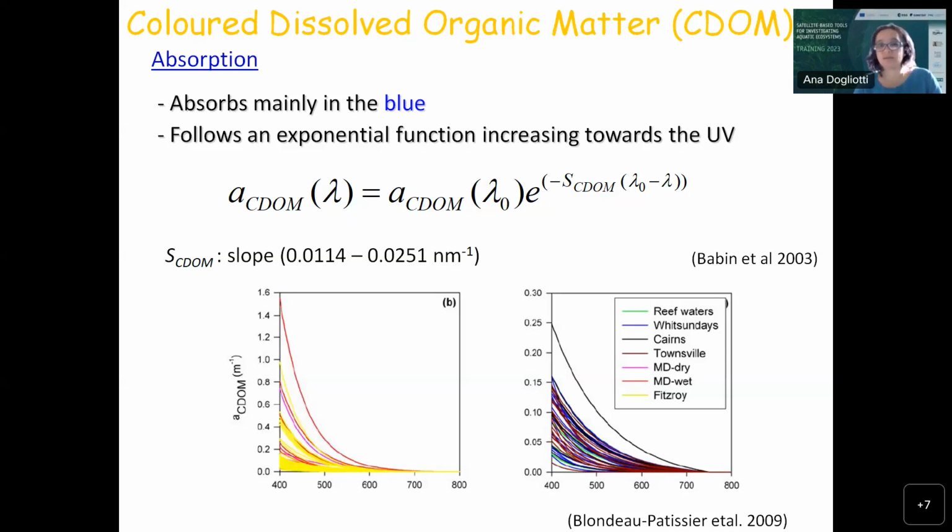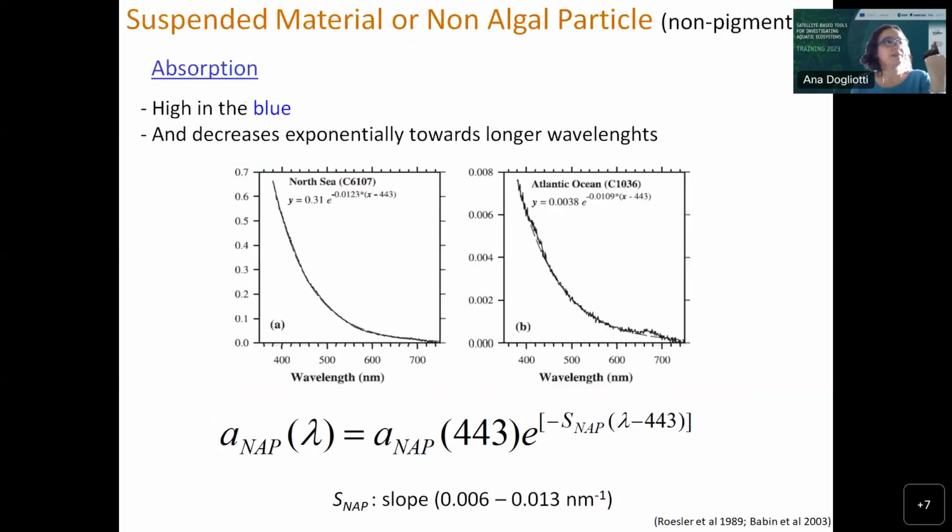The other question on CDOM was about differentiating between coloured detrital matter and coloured dissolved organic matter, so the dissolved versus the particulate components. Well, that's the most difficult. They have really similar shapes, the absorption decreases in a similar way with the slope, you just name it differently.